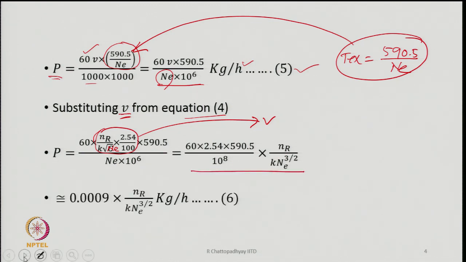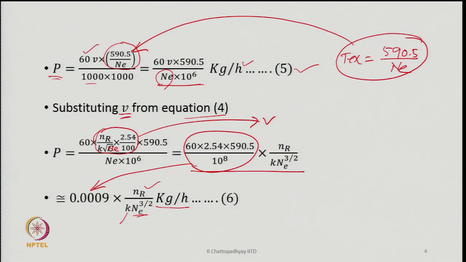These are all constants, and this value will be 0.0009, and the other parameters are NR, that is the speed of the rotor, K, the twist factor, and NE, the yarn count in the English system. So equation 6 also gives you production in terms of kg per hour.